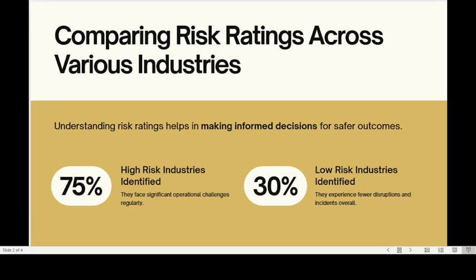On the other hand, 30% are considered low risk, experiencing fewer disruptions and incidents. By comparing these ratings, we can better evaluate construction sites, industry performance, and refinery work, prepare for potential risk, and make smarter choices to ensure stability and safety.